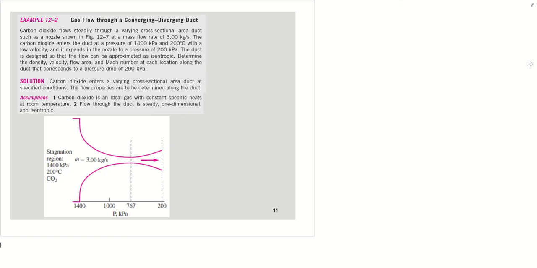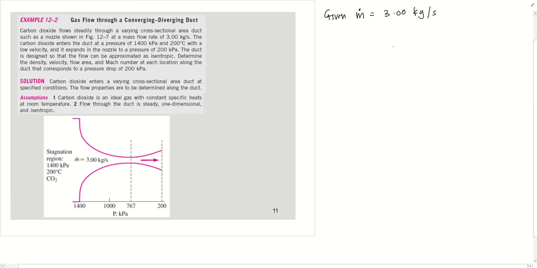In order to come up with such a relationship, let's try to answer this simple example. Carbon dioxide flows steadily through a varying cross-sectional area duct such as the nozzle shown in this figure, at a mass flow rate of m dot equal to 3 kilograms per second.